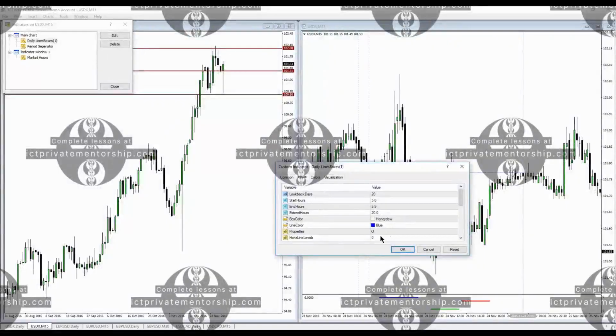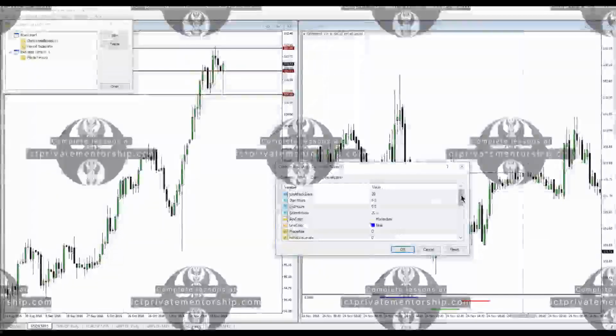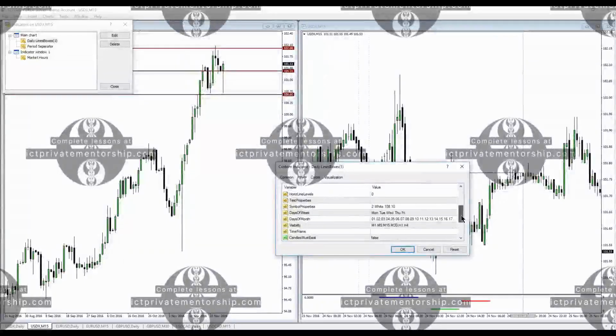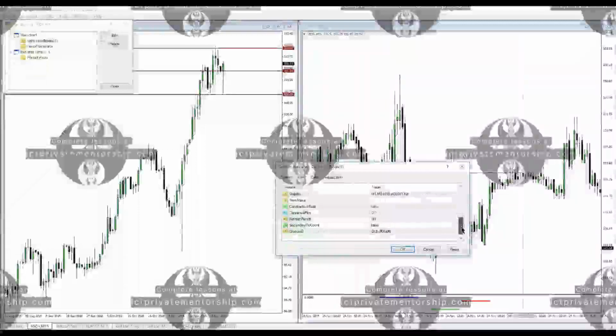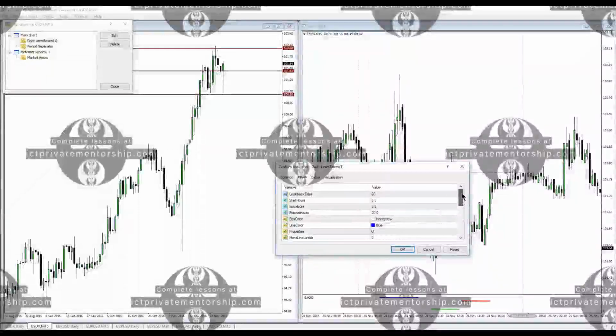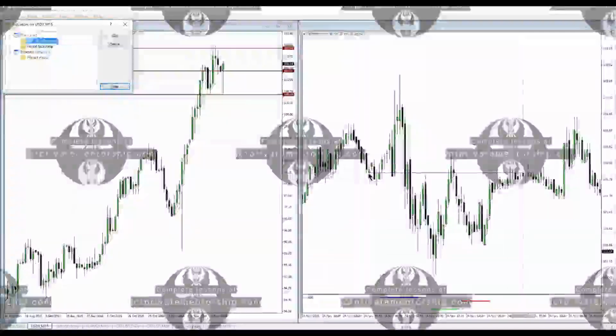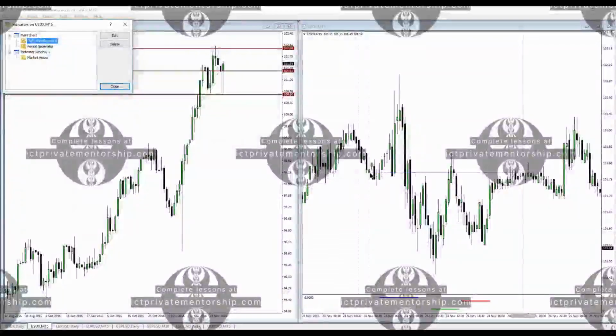And the horizontal levels, 0, I'm not really sure what that's all about, but the other settings are this here. Nothing else is changed by me down here. And when you do that, it'll populate all of your days with the midnight opening at 5 GMT.